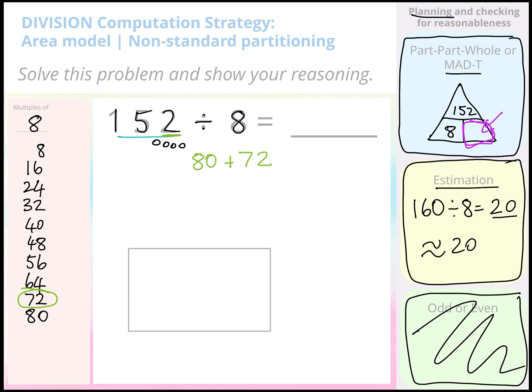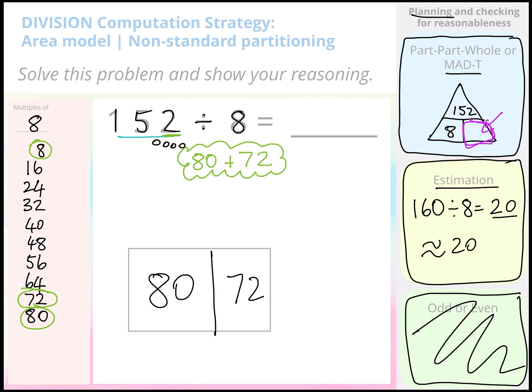Oh, isn't that good? 80 is 8 tens, an extended fact. So I'm breaking my whole 152 into 2 parts, 80 and 72.